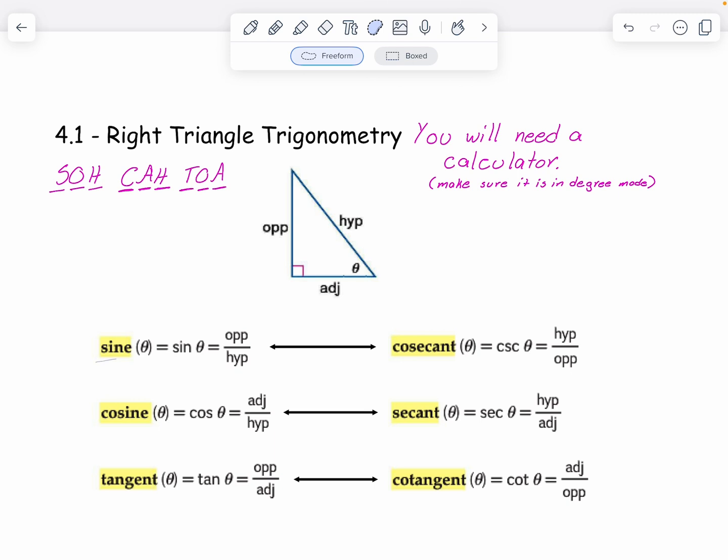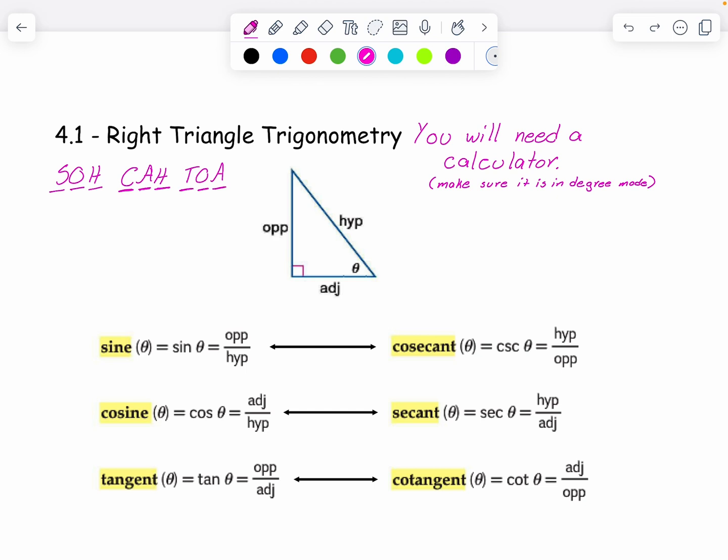Then we want to learn that sine and cosecant are reciprocals. We want to learn that cosine and secant are reciprocals. And tangent and cotangent are reciprocals. Because that way, if we learn the main 3 and we know what their reciprocals are, then all we have to do is flip over that answer.